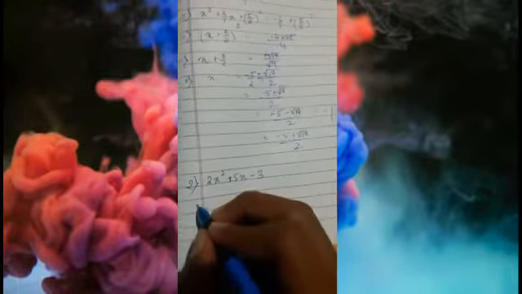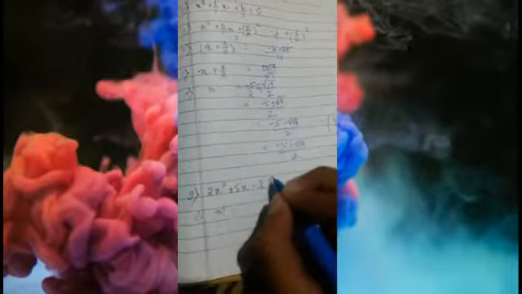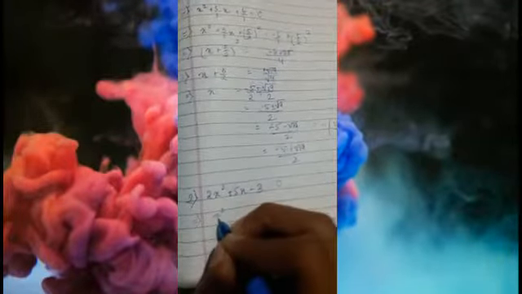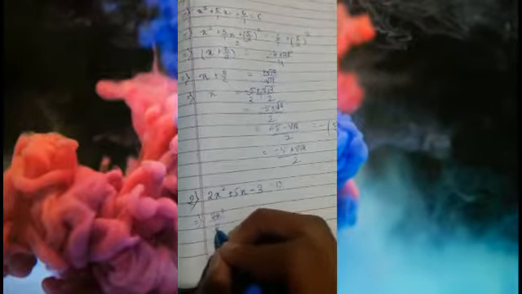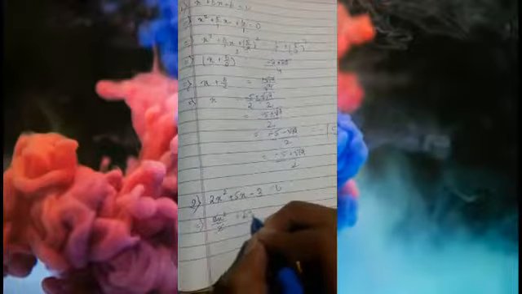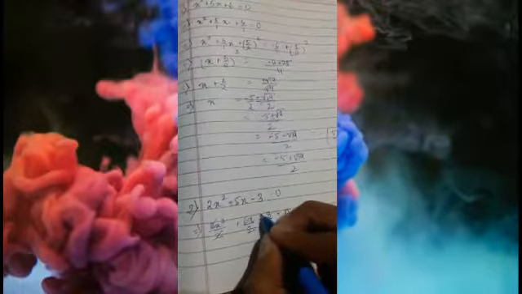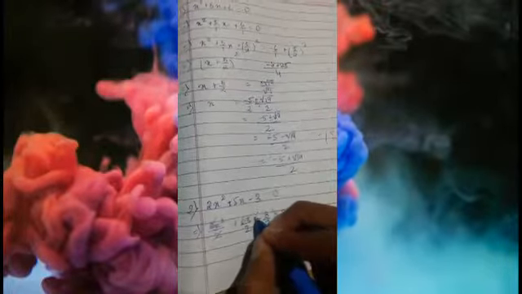So one more example, the next one is 2x square plus 5x minus 3. So this will turn it into the format of x square, 2x square by 2 plus 5x by 2 minus 3 by 2 equals 0.